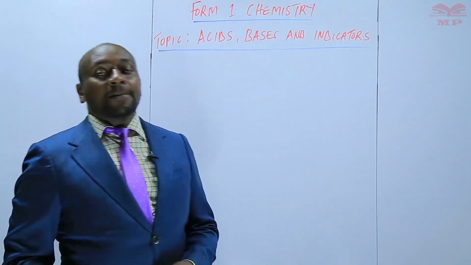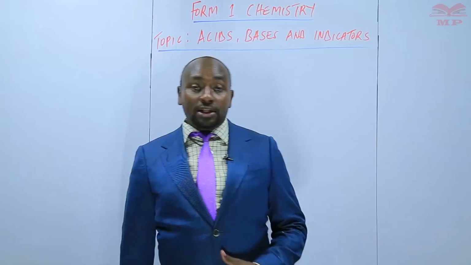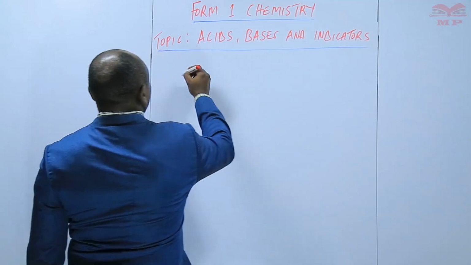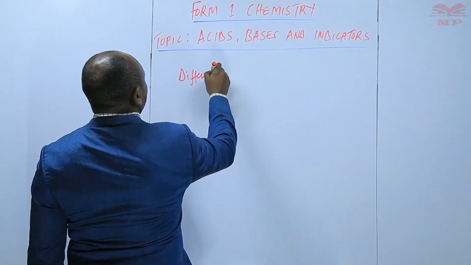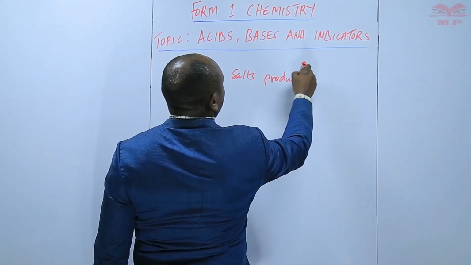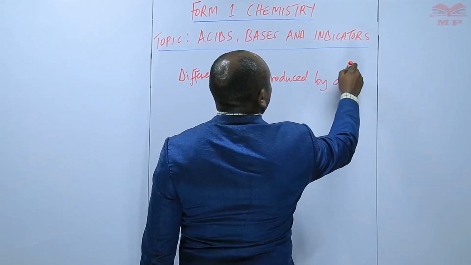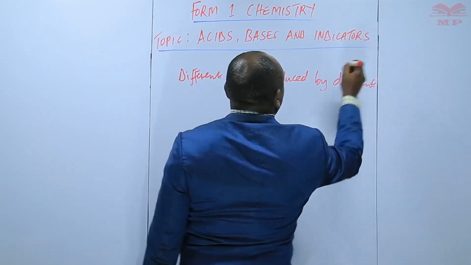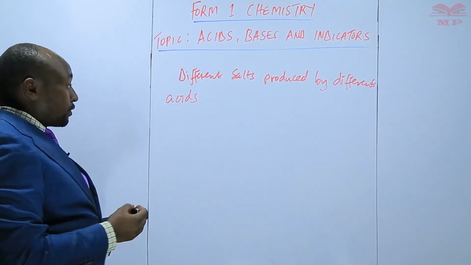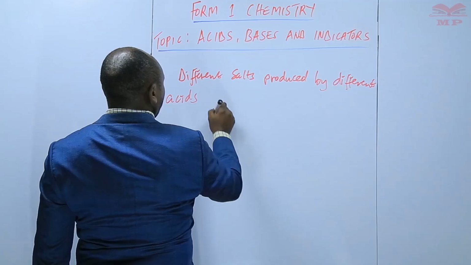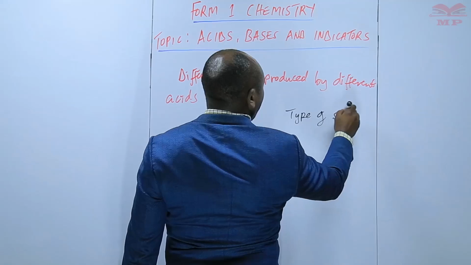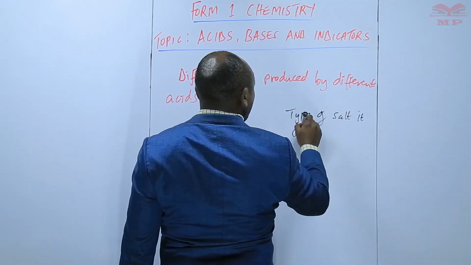So today we are going to look at different salts that are produced by different acids. We will have in one column the acid and then the type of salt it forms.